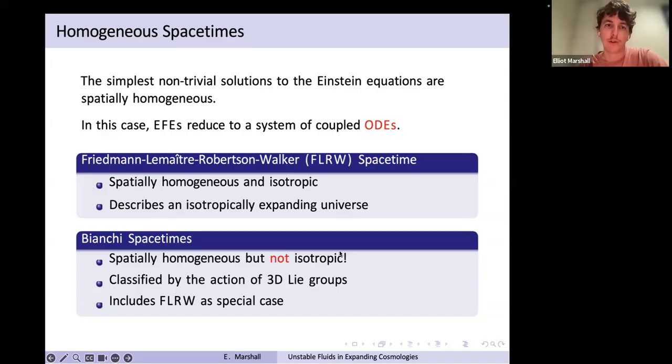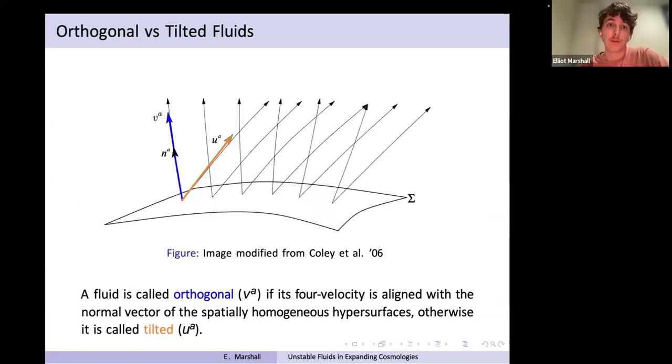Okay, so we're interested in perturbing these simple spatially homogeneous solutions. Other than the fact that the field equations become ODEs, spatially homogeneous spacetimes are nice because they have a lot of additional structure. In particular, we have a preferred foliation of our manifold. This gives us a natural way of classifying fluids in these spacetimes.